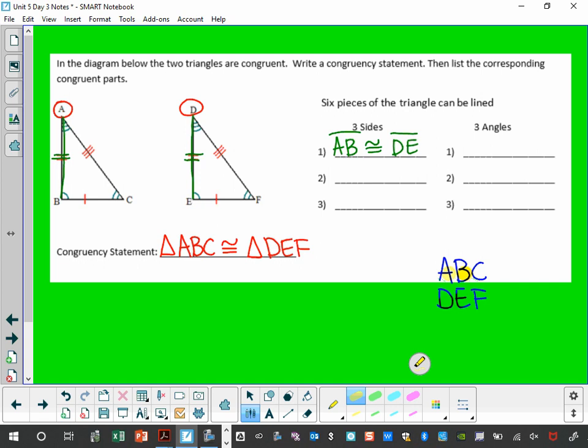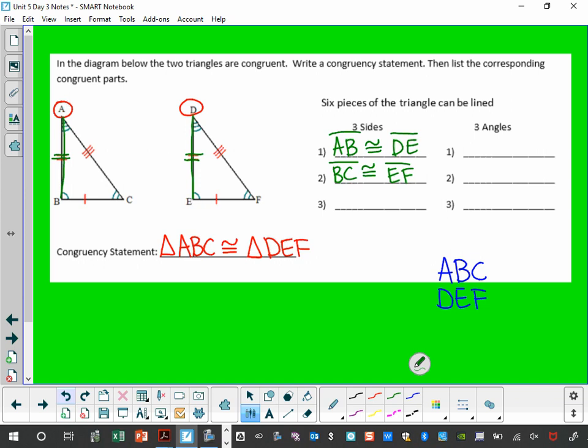All right, so what if I wanted to do BC? What is segment BC congruent to? EF. I know that because BC has one hash mark, EF has one hash mark, but if I look over here, BC is right on top of EF.